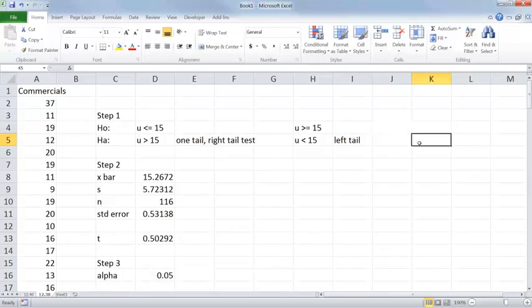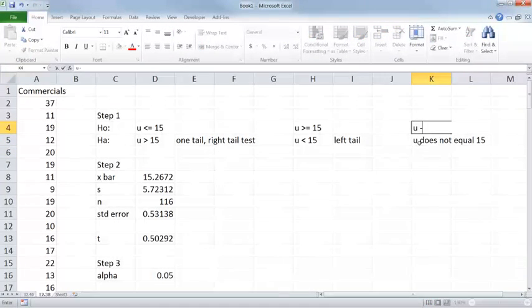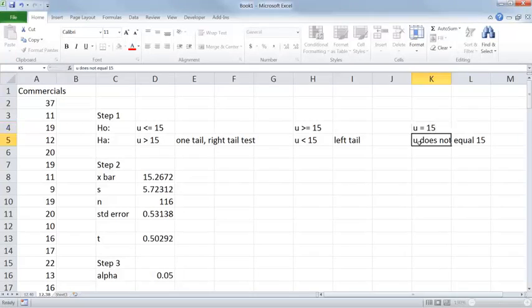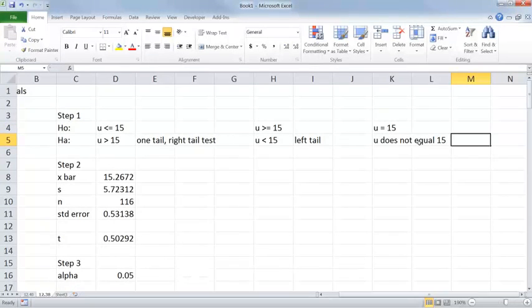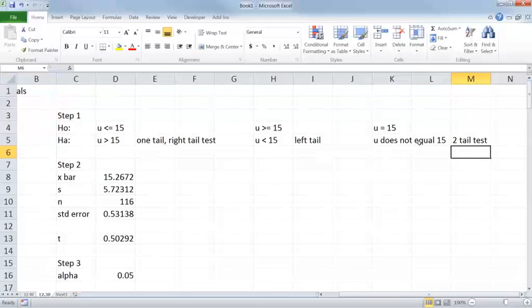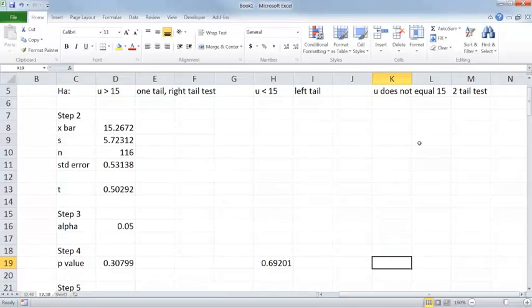All right, so let's do one more. What happens if we had a two-tail test? So that would be something like mu, and I don't know how to do this in Excel, but does not equal 15. And then here it would be mu equals 15. So this is a two-tail test. Again, everything would be the same as far as our x bar, t would be the same, alpha would be the same. The only thing that would be different is the p-value.